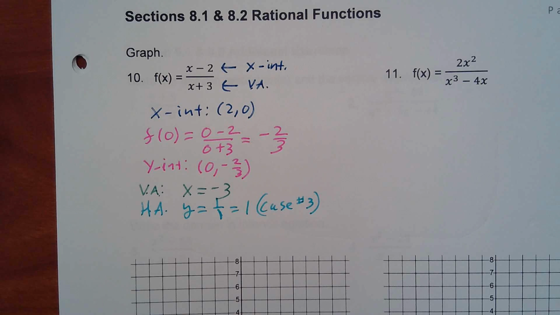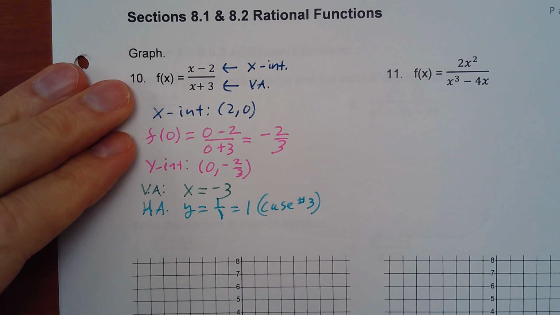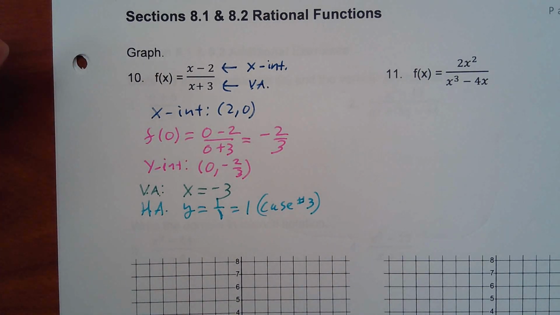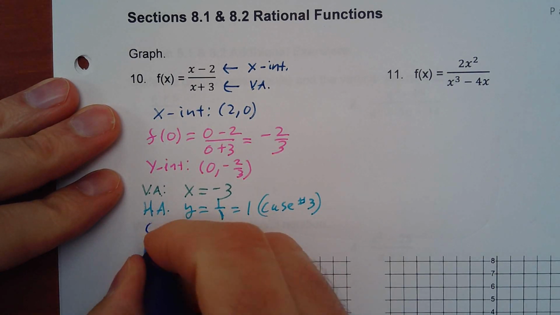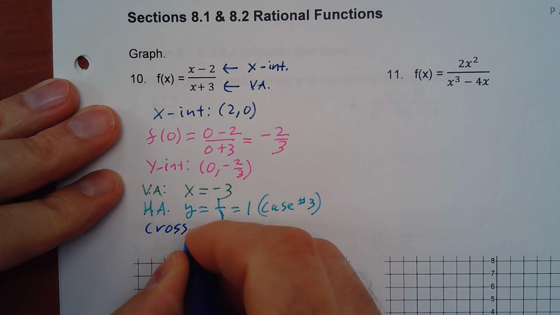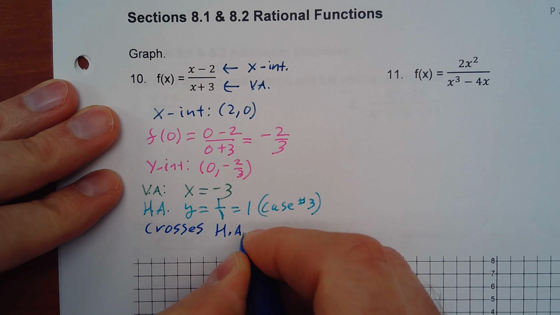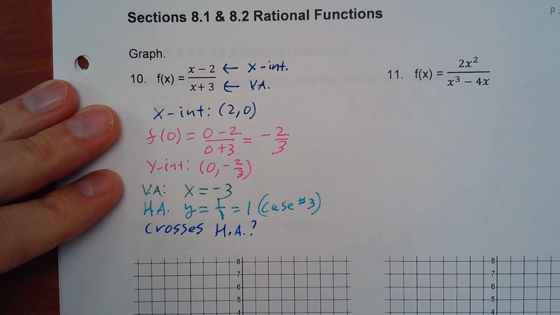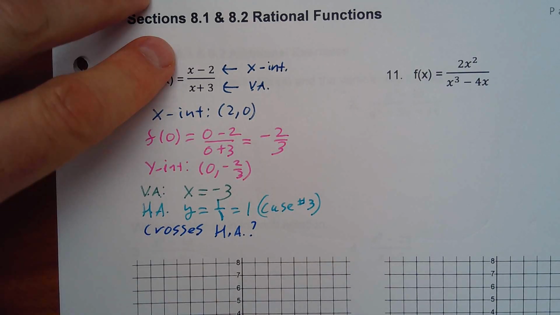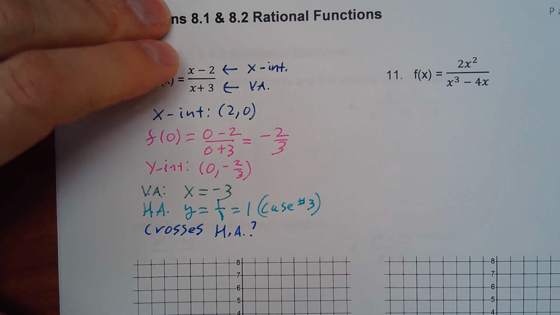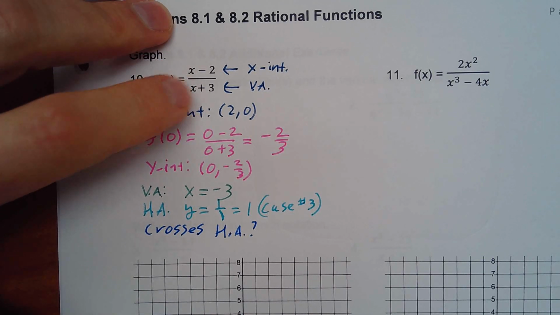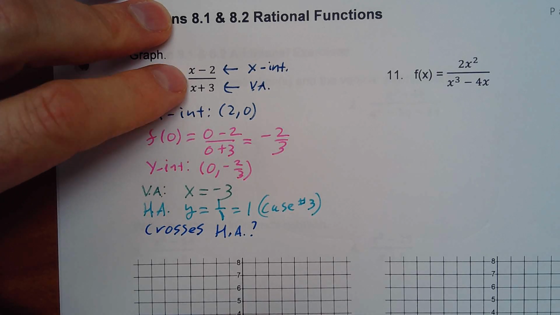Now, you might be asking, well, how do I determine if this thing crosses the horizontal asymptote? You really haven't talked about that. Well, if it does cross the horizontal asymptote, that means the y value of this has to be equal to the y value of the horizontal asymptote.